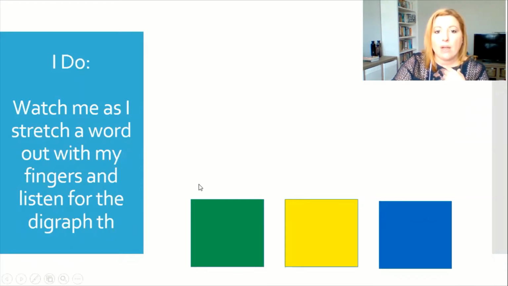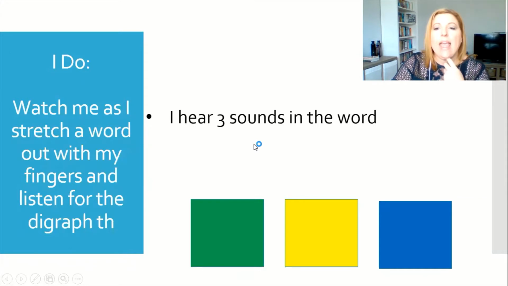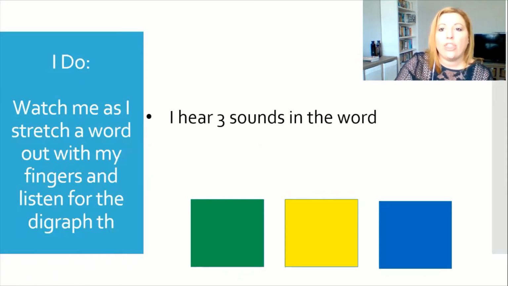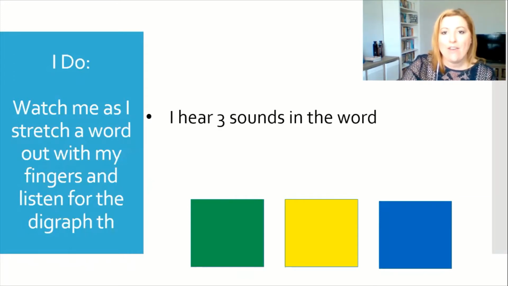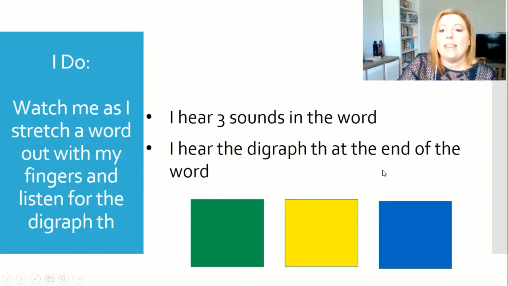I'm gonna look at my boxes, ready? Bath. Okay, so I hear three sounds and I hear the digraph that spells the sound th at the end of my word, right? So the last sound is the digraph TH, or the sound th.